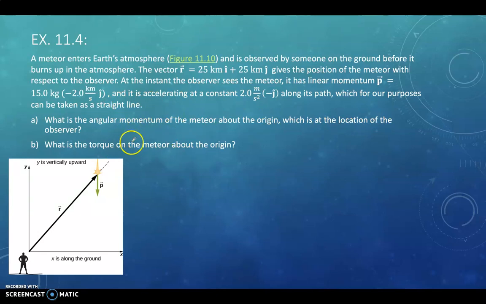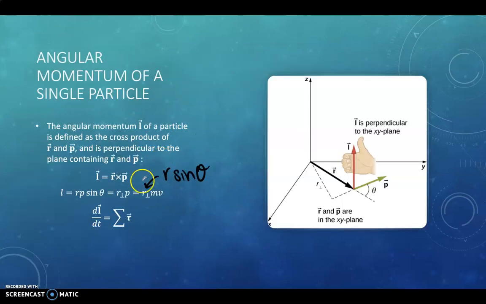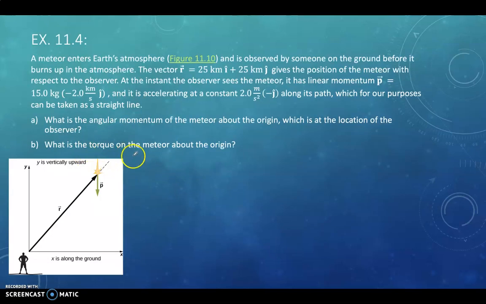Okay, so angular momentum, again, L is equal to r cross p. We can take the cross product, which wouldn't be too bad.